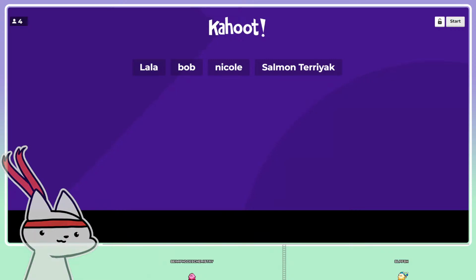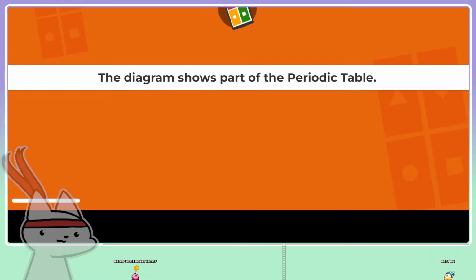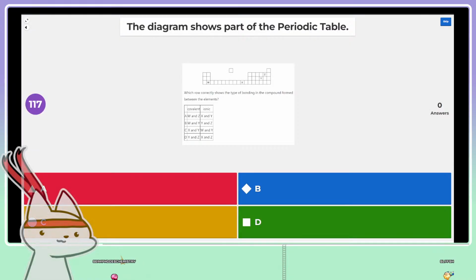Okay, let's go. This will be the 6th of June Kahoot, the first Kahoot session on chemical bonding. The diagram shows part of the periodic table.